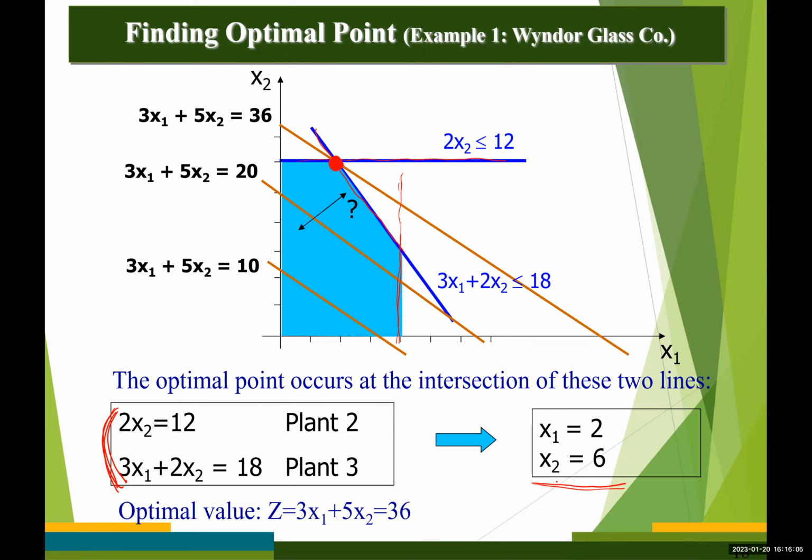In our case, it's going to be x1 equals 2, x2 equals 2, okay? Of course, if you use these x1 and x2 values in our objective function, then we will obtain the corresponding optimal objective function value of 36, okay? So we'd say that the maximum profit for the window glass company should be $36 or $36,000, whatever the unit.